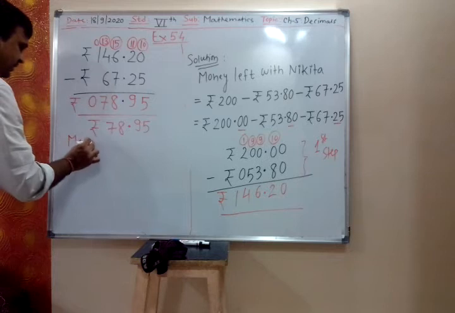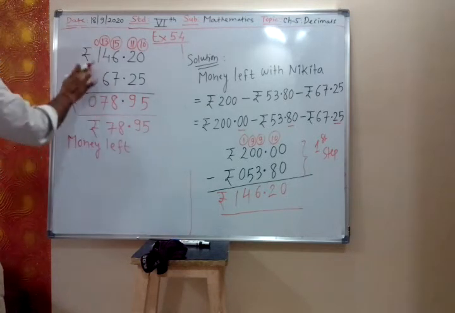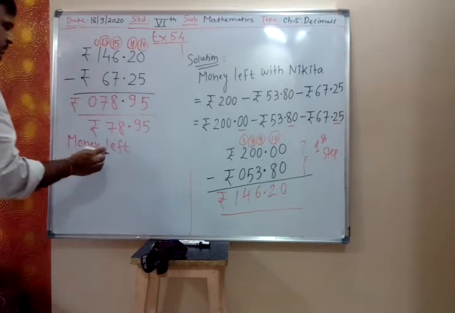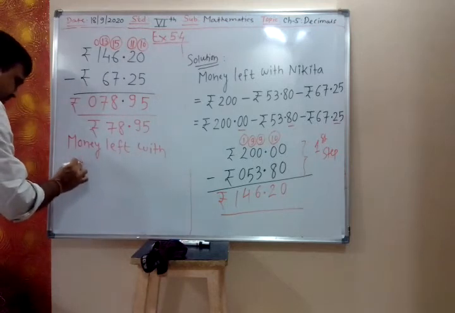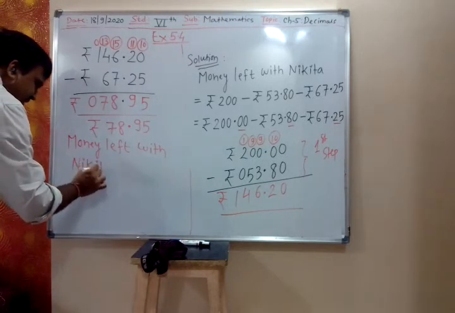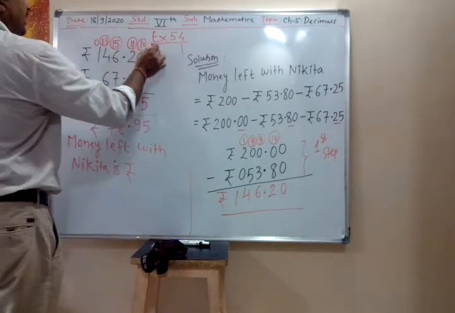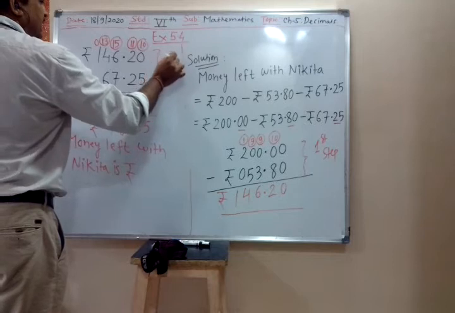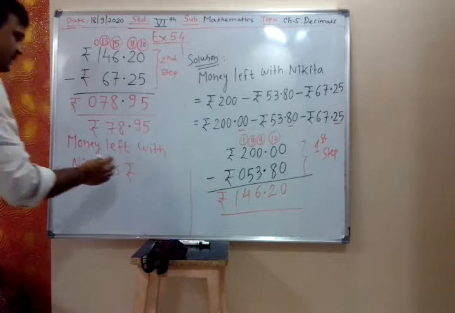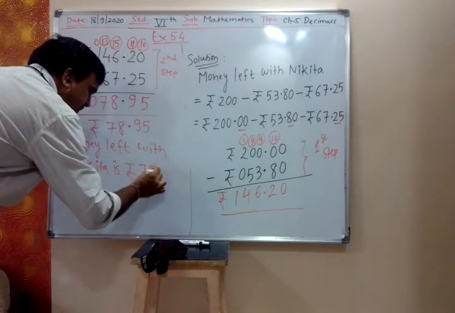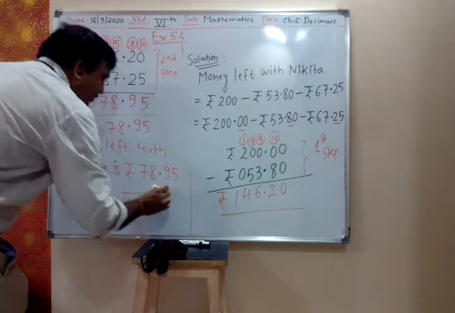Because 0 minus 0 is 0. Money left with Nikita is rupees 78.95. There you write, this is my second step. Money left with Nikita is rupees 78.95.